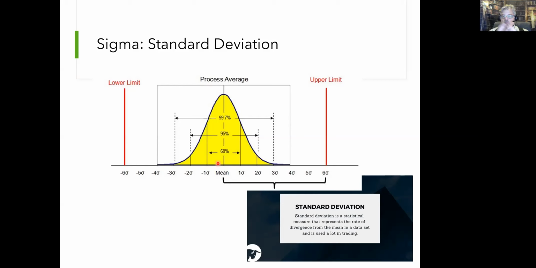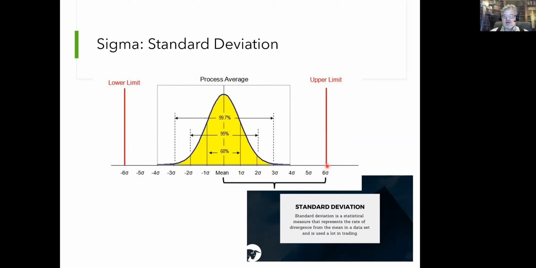So when we talk about keeping a process within six sigma, that means my sigma has to be so small that there is a virtually impossible chance that my process will deviate out to six sigma.